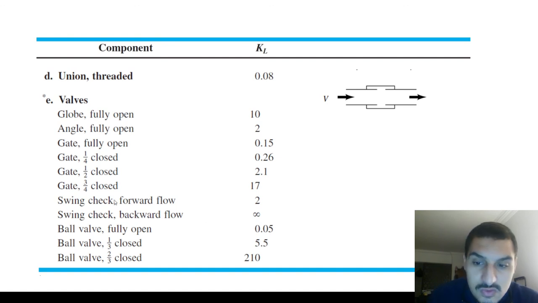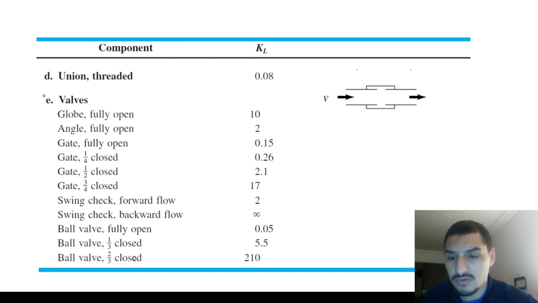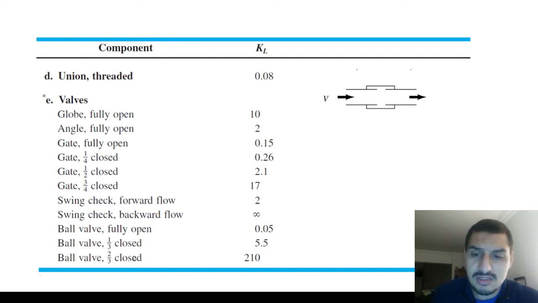Here we have the swing check valve. This is for the forward flow, it's 2. For the backward flow, it's infinity, because in the case of backward flow, as we mentioned before, it's going to stop the flow totally. And the same for the ball valves and the other types of valves. So it's something easy to do, just go to the table, search for what you're dealing with, and then just put the value of K that corresponds to it.